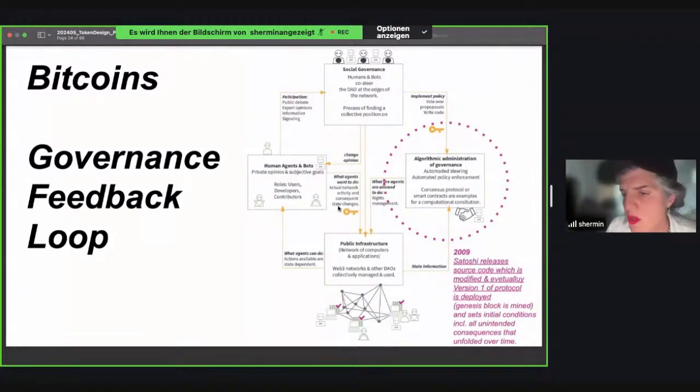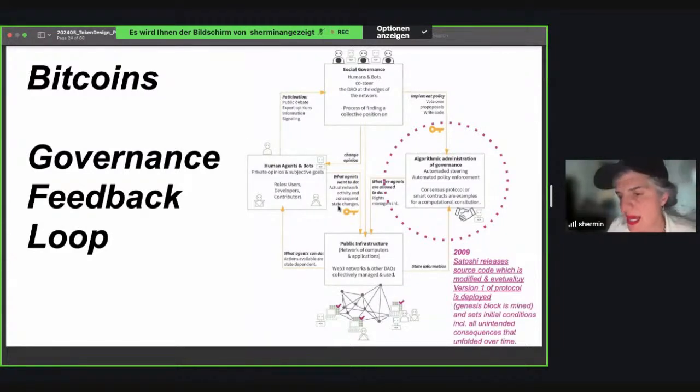And I think it was eventually modified, and version 1 of the Bitcoin protocol, or actually the test, was deployed with the intention of creating a testnet, which eventually became the main network because it never really left the test network stage.